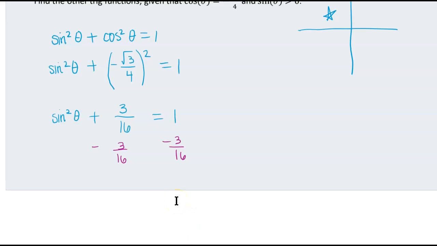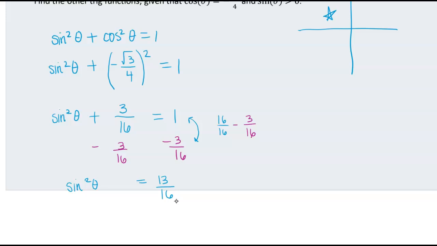And we have sine squared theta is equal to, so let's see, you can plug this into a calculator, or you're going to do 16 over 16. That's 1, right? Minus 3 over 16. So I think I'm going to get 13 over 16.